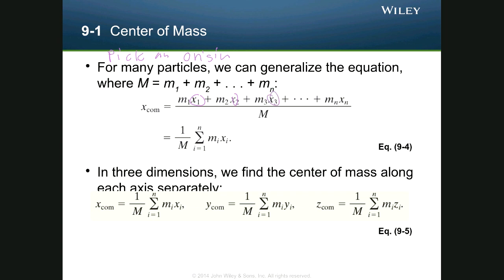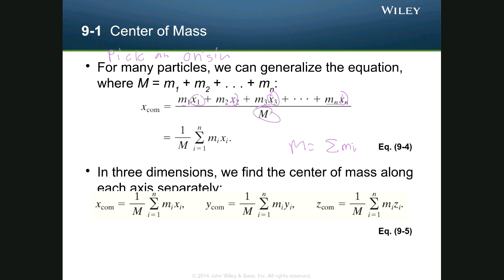And all you have to do is add this collection of terms up and divide by the total mass. So another way to look at big M is that big M is equal to the sum of the little m_i.